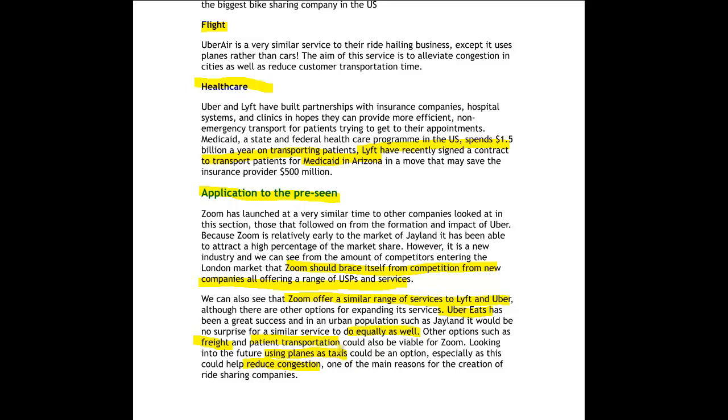We know that J-Land's government are trying to help with ride-sharing tech and all that kind of stuff, so it's not really too great a leap to think they might welcome Zoom pushing forward with a flight service as well. So there we go. That's the information we've learned in the first section and how we could apply it to Zoom in the pre-seen.